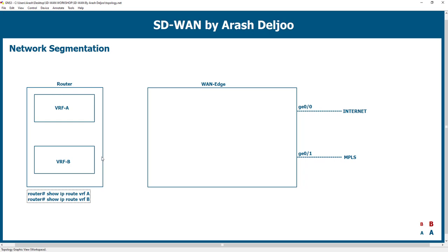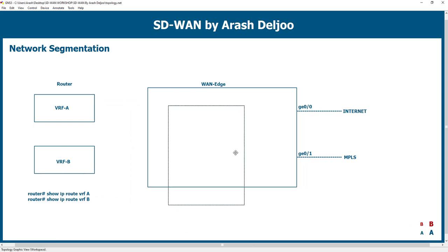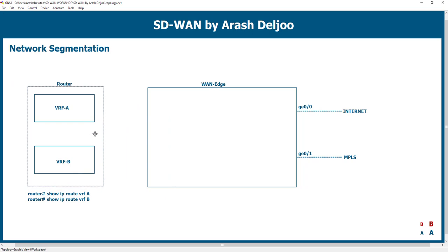This is similar to breaking the router into two parts, and now we have two routers. These routers are virtual but act as a standalone router, as a physical router.